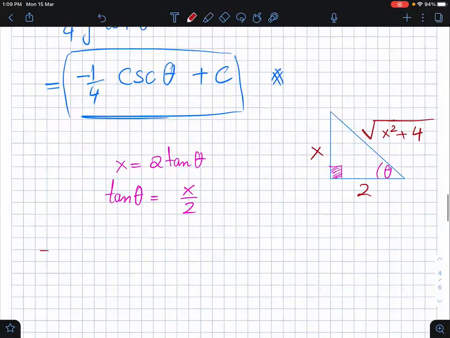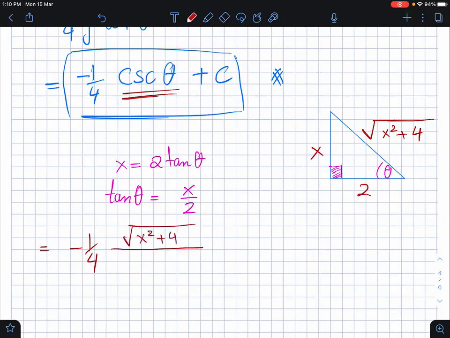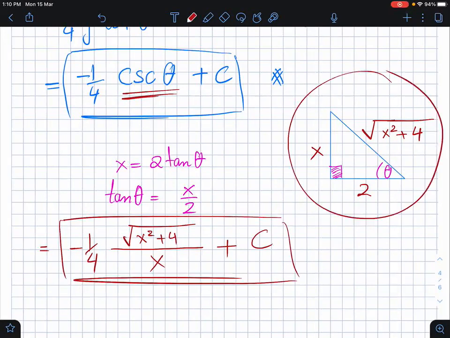The final step has cosec theta. The cosec is 1 over sine, and the sine is opposite over hypotenuse. So the cosec is hypotenuse over opposite. The hypotenuse is the square root of x squared plus 4, over the opposite of the angle, which is x. That's why, guys, we have to draw this triangle to find the value of cotan, cosec theta, or any value we have in terms of x.